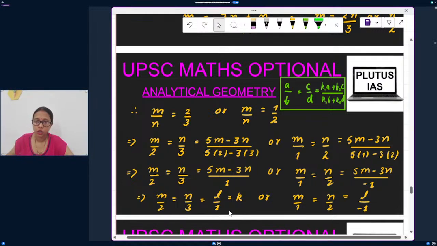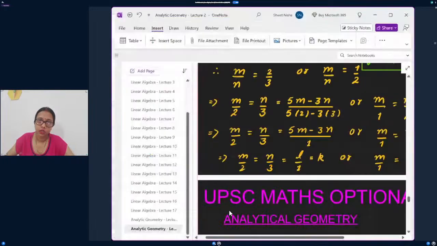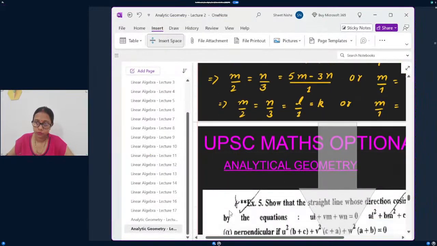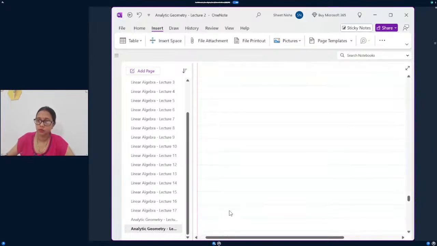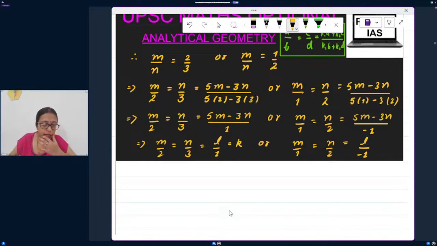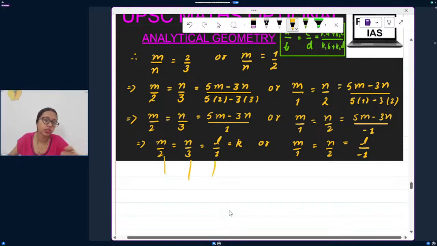Obviously, there's one more reason they can't be direction cosines, because l square plus m square plus n square, 1 square plus 2 square plus 3 square, is not going to be 1.